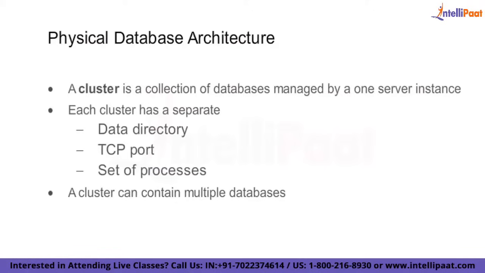But here, when you create a cluster, an instance is created and a few databases are created automatically. I think in SQL Server, the master database and MSDB are created, right? You may call that the master database. So in Postgres also, when you initiate a cluster, it creates a few databases, or mainly it depends.